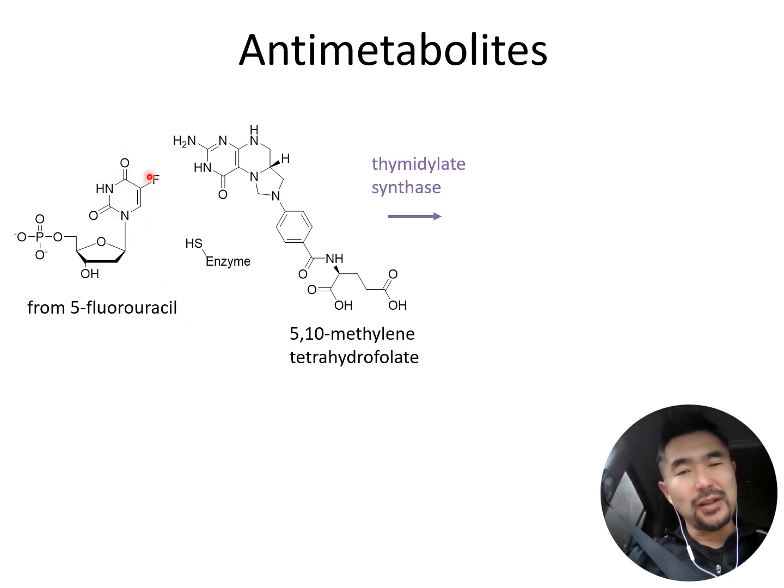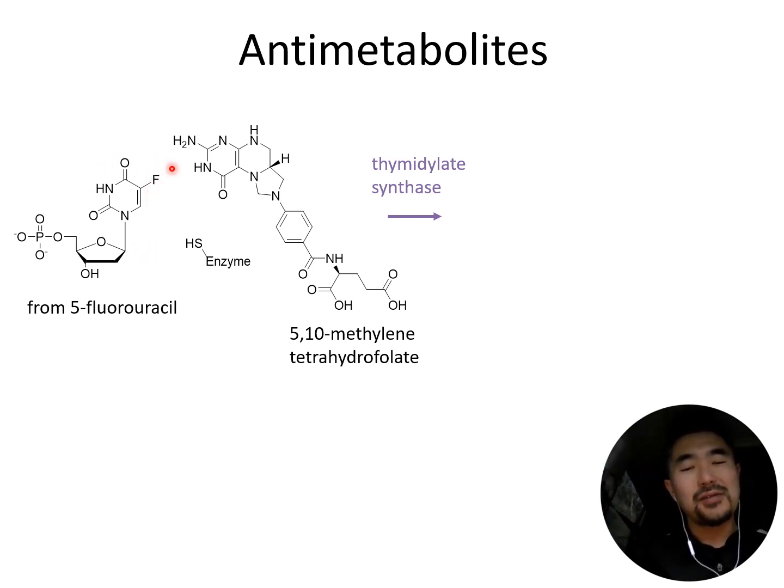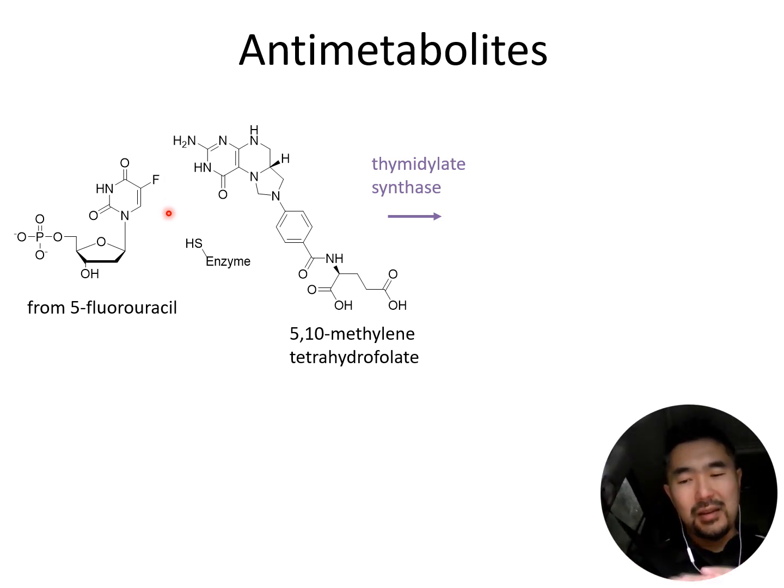Fluorine, remember, is a really small halide, so if you look at the shape of this molecule, it's really not that much different than uracil, where you have hydrogen here instead of fluorine. Fluorine is really tiny because of the electronegativity. It keeps the atom and the nucleus really tight and small.